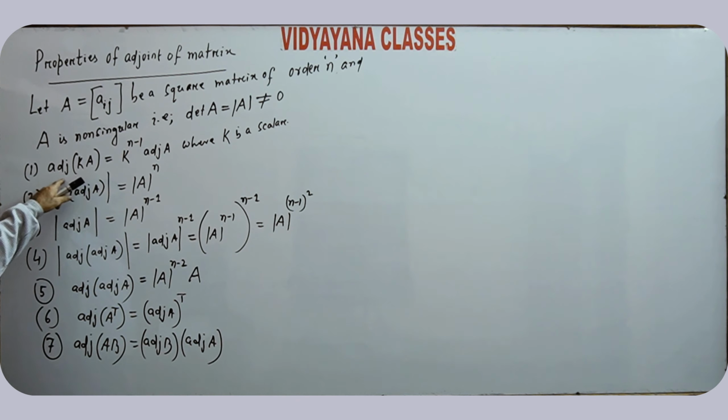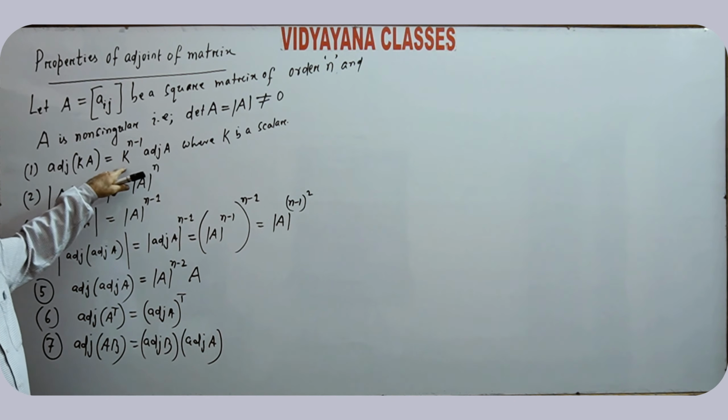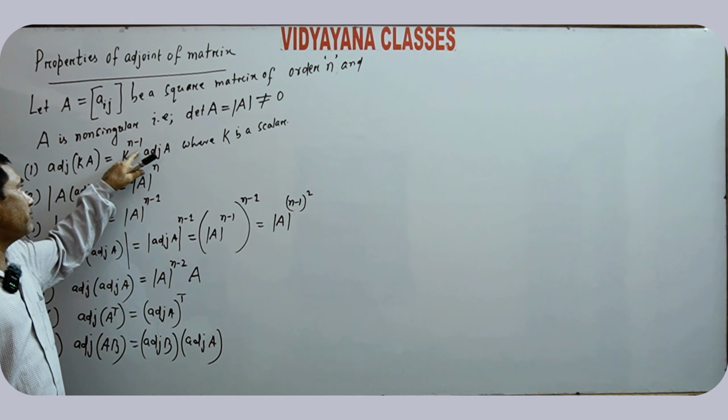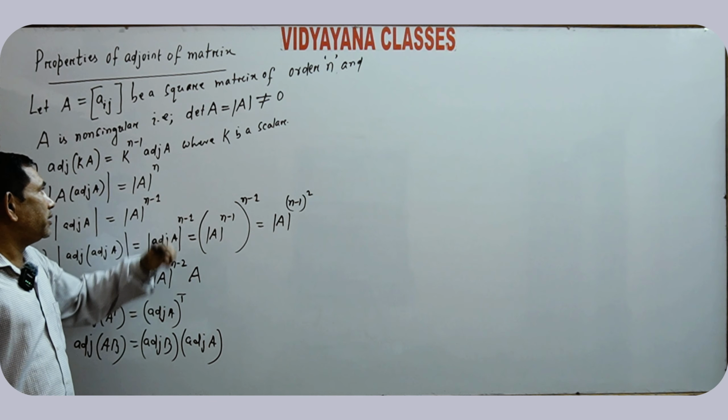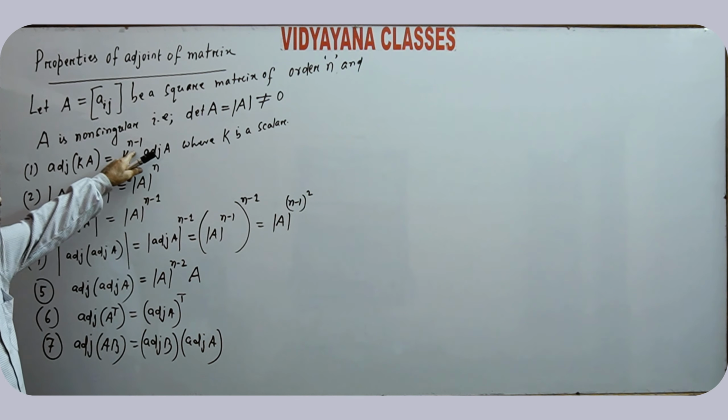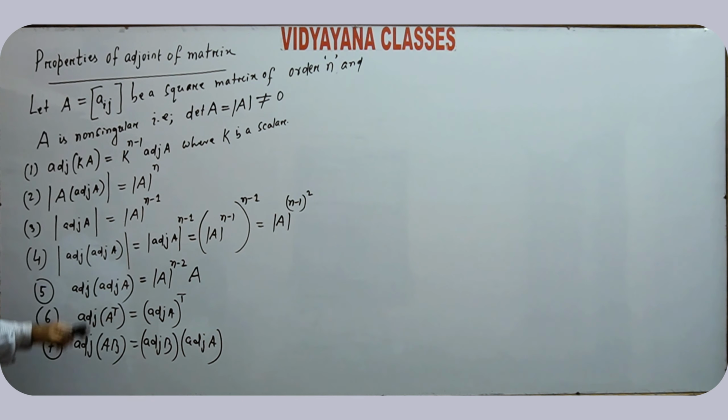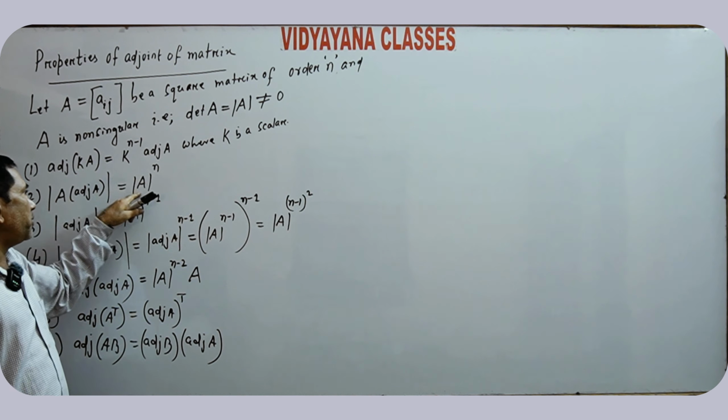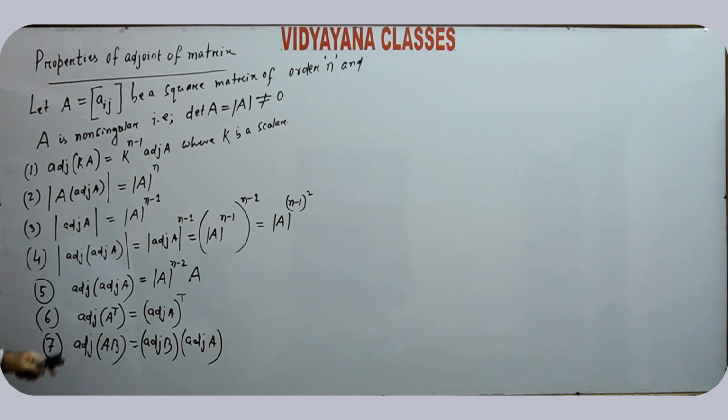Clear? Adjoint of kA is equal to k to the n minus 1 adjoint A, where k is a scalar, n is the order of the matrix capital A. Determinant of A into adjoint of A is equal to determinant of A whole to the power n.